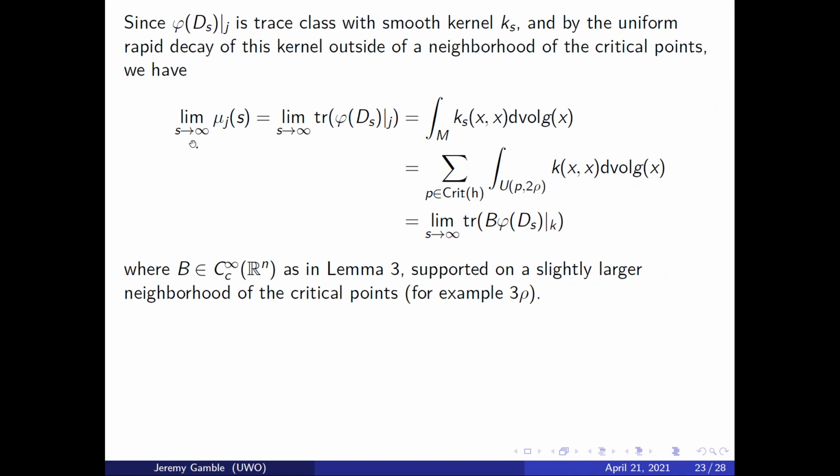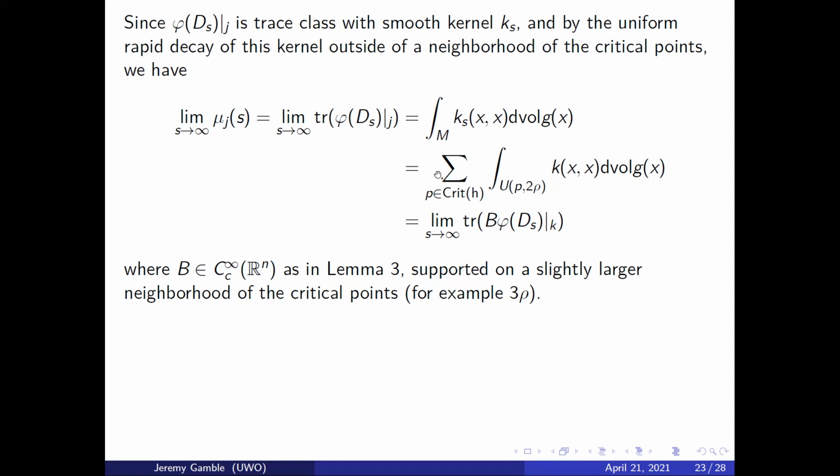So to do this, we're going to take the trace of this operator we were putting together and proving things about before. So basically, this is just by how we defined mu sub j of s at the very beginning. This is just the trace for a trace class operator. You can compute it this way. And then there should be a limit as s goes to infinity here.